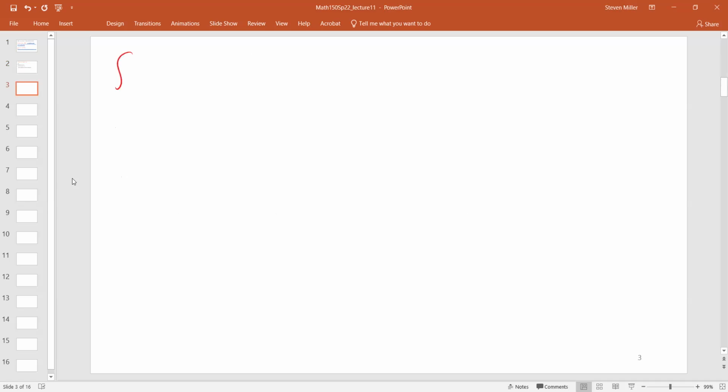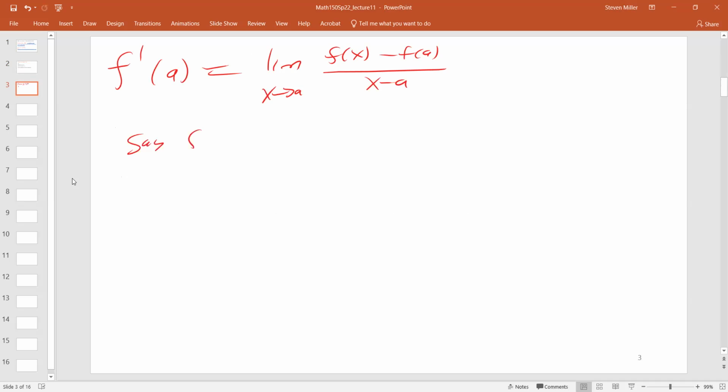So f prime of a is the limit as x goes to a of f of x minus f of a over x minus a. Let's say f prime of a is greater than 0. If x is greater than a and x is going down to a, what can you tell me about this ratio?